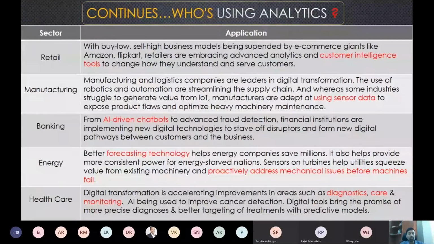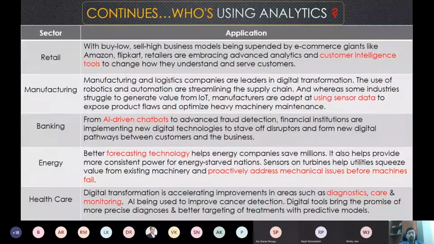Moving to the next sector, that is energy. In energy, it's used for forecasting which sort of technology should be used to produce the energy, right? Because there are various options. If we focus on renewable energy, whether we go for wind, solar, etc., there are various technologies even within solar. So which technology should we focus upon, from where can we expect better output, better yield? We can use this there.